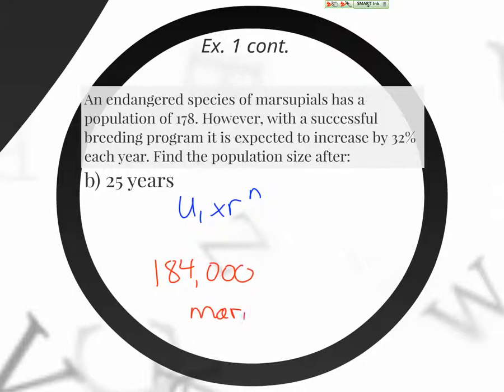So if you did not get 184,000 marsupials, you should probably have me check your work, kind of figure out what's going on and where that breakdown is happening. But that's how much we should have.